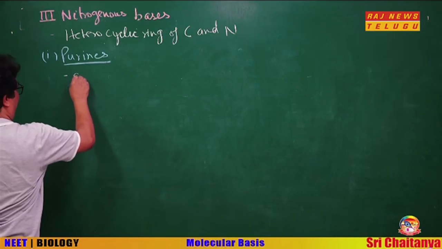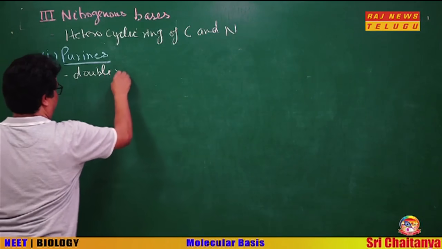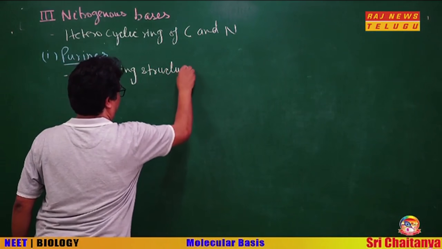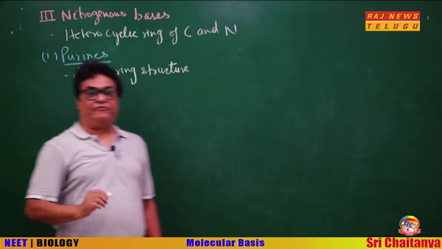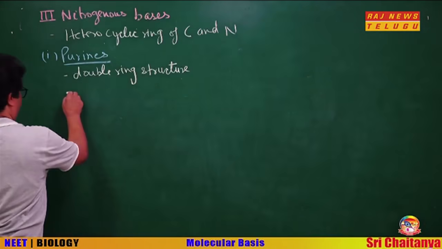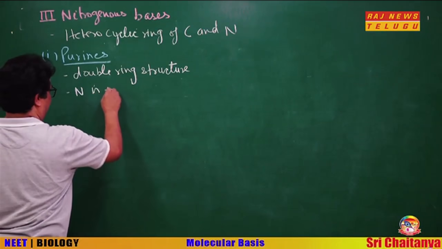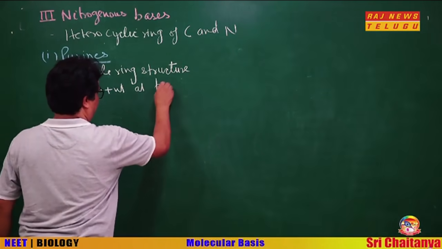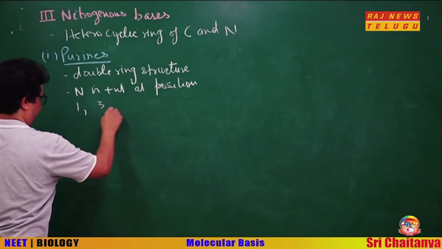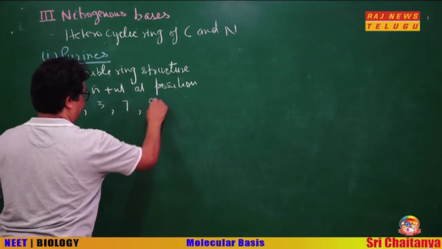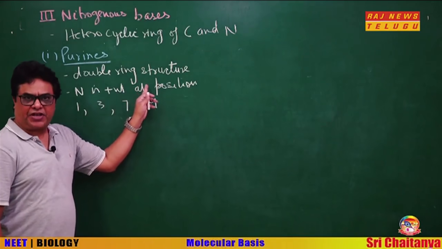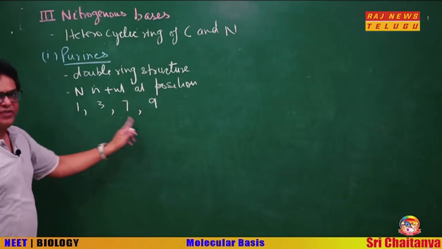Purines are double ring structure. They have one pyrimidine ring and one imidazole ring, and nitrogen is present at position 1, 3, 7 and 9. So purine, double ring structure, nitrogen present at position 1, 3, 7, 9.